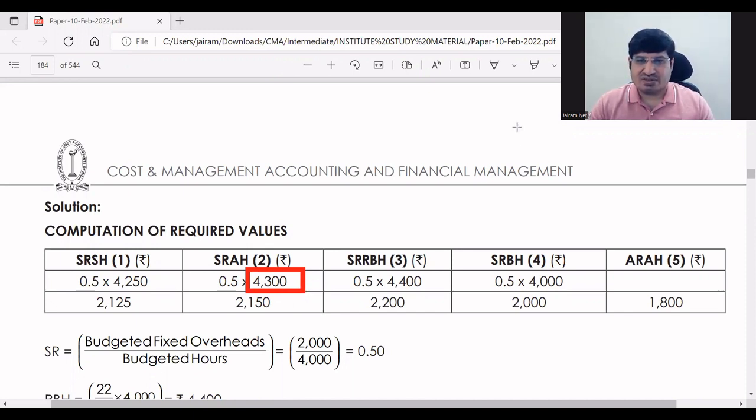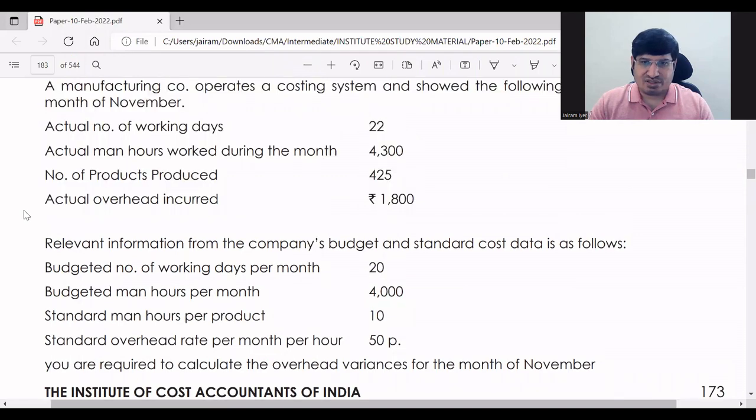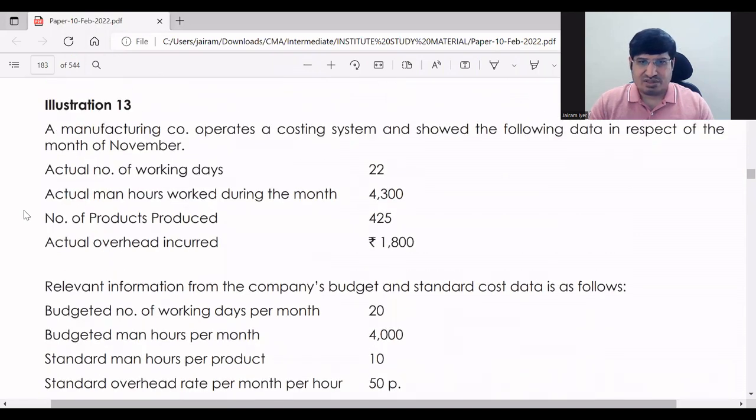Okay, चलो देखते हैं. Here see the actual hours 4300 is already given in the problem. Okay, so उसका काम हो गया. We'll use that. And budgeted hours, ठीक है, is also given in the problem.